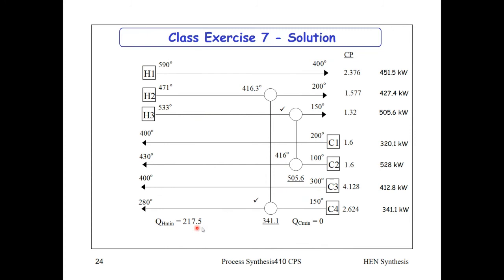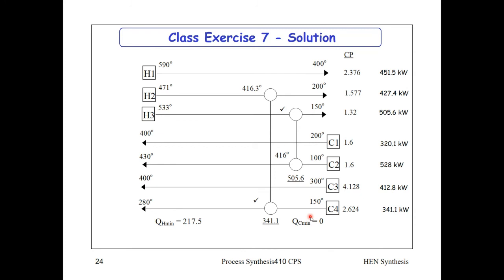So there we saw that it needs hot utility, and so we put the hot utility over there. That means the pinch, because it's a threshold problem, is either on the left or the right. And in this case, it's going to be on the right-hand side over here.